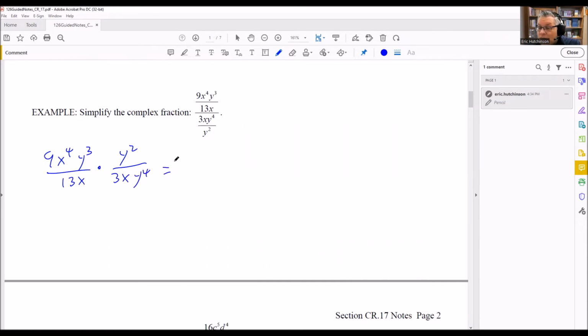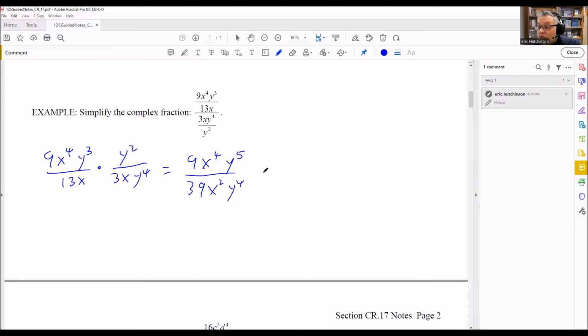So 9, we get here, x to the 4th. But then when we multiply the y's, we have to add the exponents. So 3 plus 2 is going to give you 5. On the bottom, 13 times 3 is 39. And then we have x and x is x squared. And we have y to the 4th.